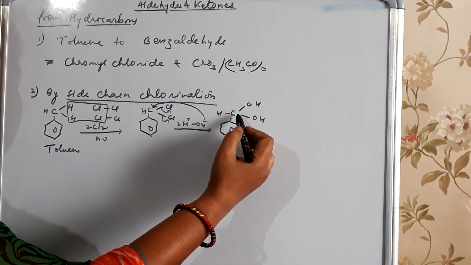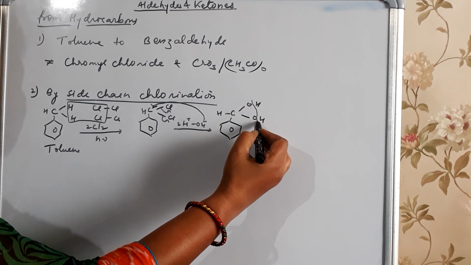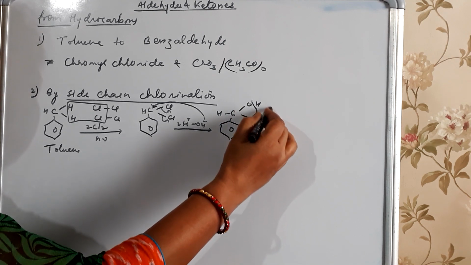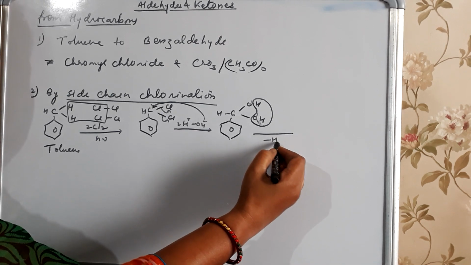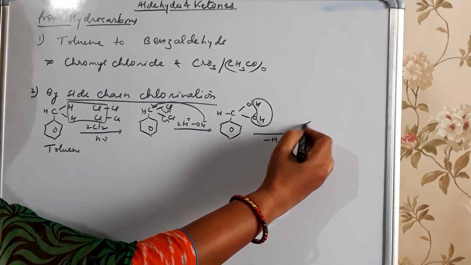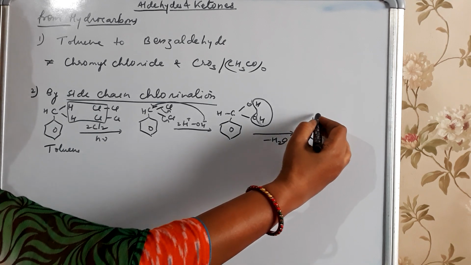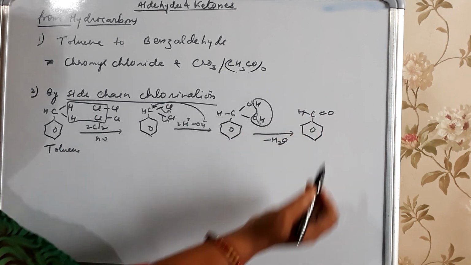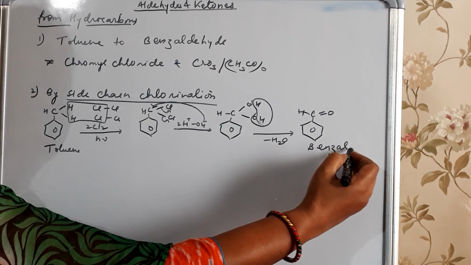We know that if carbon contains 2 OH groups, this is an unstable form, so removal of water takes place and the formation of benzaldehyde takes place. Okay, very easy method.